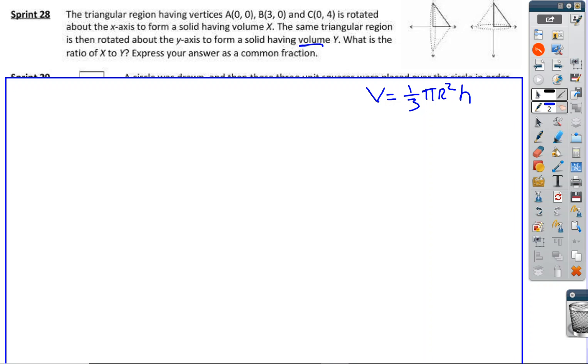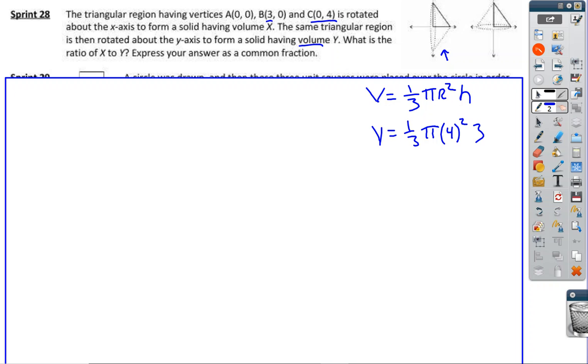So looking at this one right here, we have a base radius of 4. So that means we have the volume is equal to 1/3 pi, and the radius is 4 squared, and the height, well, the height is just going to be that 3.